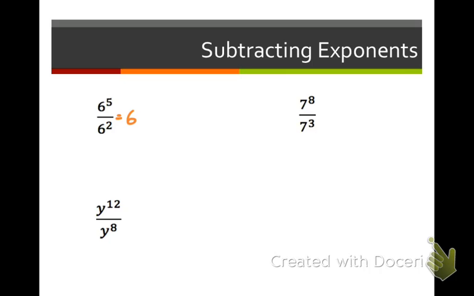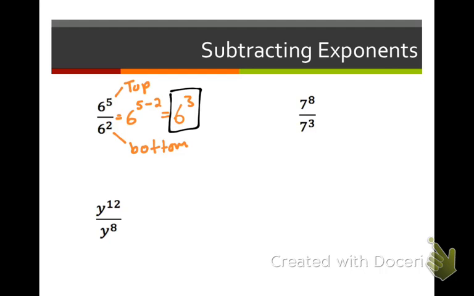It's always the top minus the bottom, alright? So in this case, the top is 5, and the bottom is 2. So we keep the base 6, and we know that 5 minus 2 is 3. So our answer is 6 to the third power.